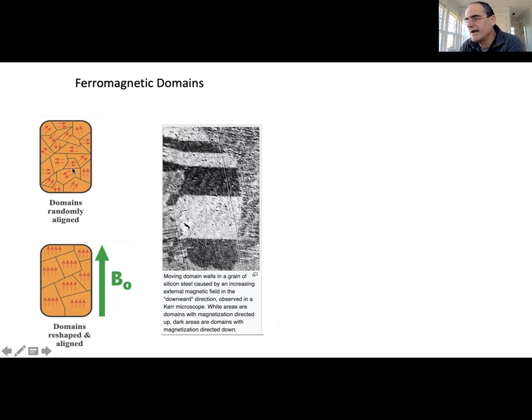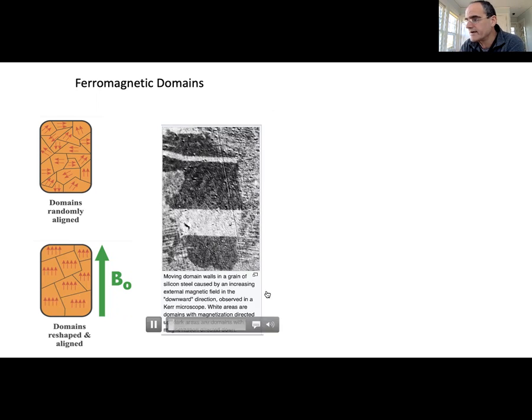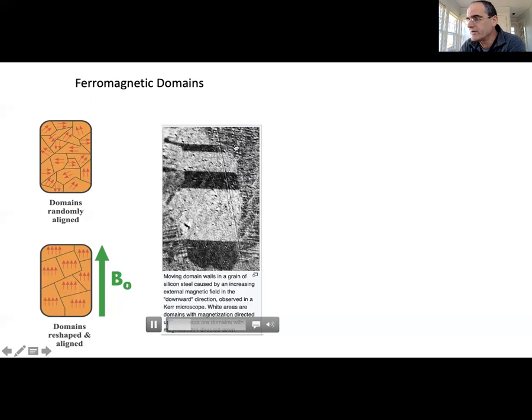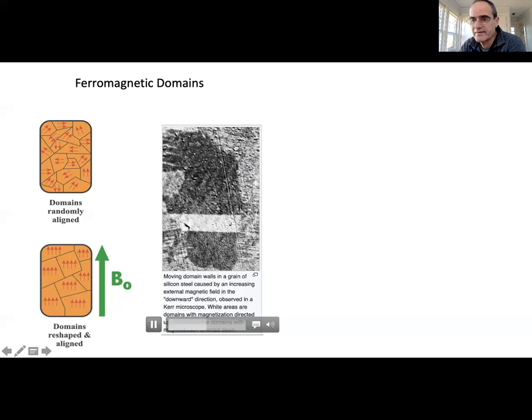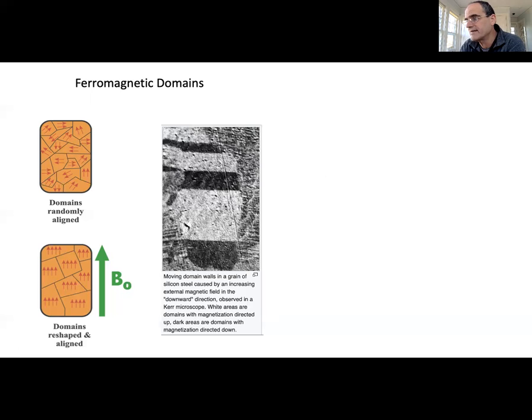However, if we apply a magnetic field, we can get the spins in all the domains to line up. And this can happen either by growing favorably oriented domains until they dominate the whole material, or by rotating the spin direction in various domains until they line up. Here's a neat video. This was made with Kerr microscopy, which is sensitive to magnetization.